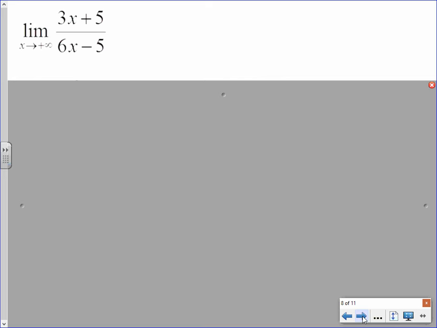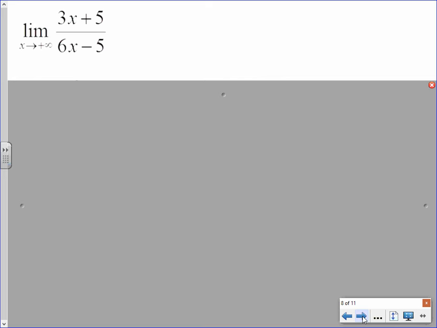Okay. Here, we have the limit as x approaches infinity of 3x plus 5 over 6x minus 5. Let me remind you that these horizontal asymptote rules only work if you're looking at limits towards positive or negative infinity. Okay, it's the only time these are going to work because horizontal asymptotes give us end behavior.